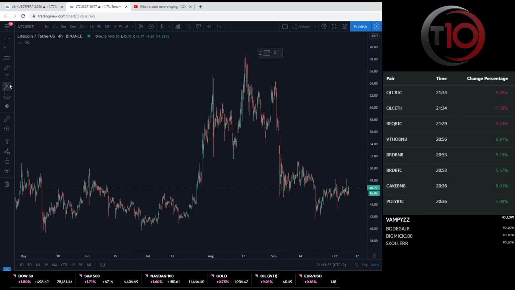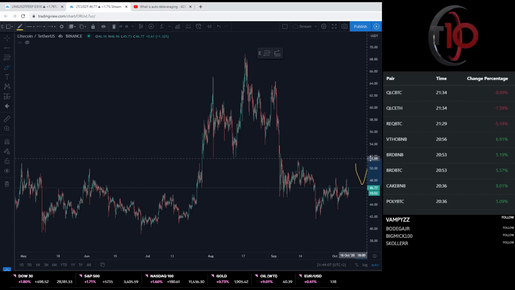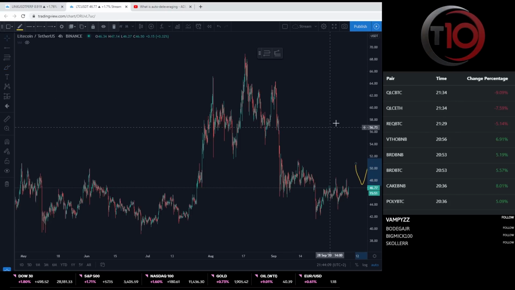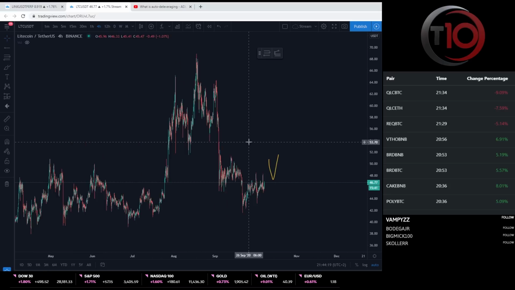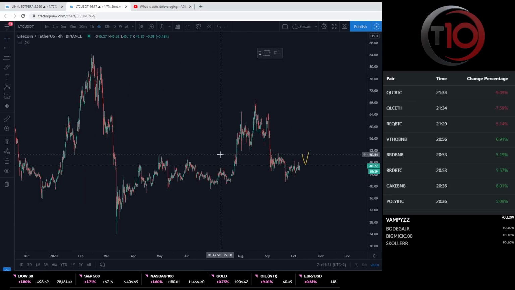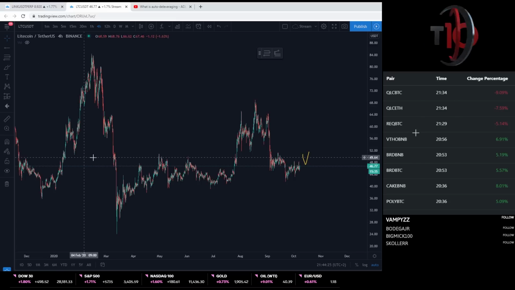So a possible play is something like testing the top zone and holding the bottom part and try to go higher. Something like this. And of course Bitcoin will decide out of this, but you also see the same zone here.